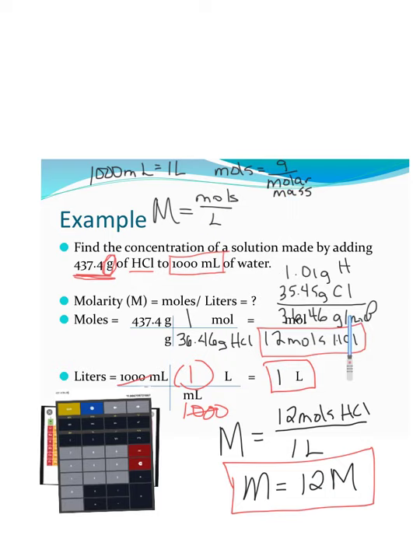And if our volume it gives us is in milliliters, we have to convert milliliters to liters. There are 1,000 milliliters per liter. And then we plug those answers into our problem, moles divided by liters, and we are able to calculate our concentration of our solution.